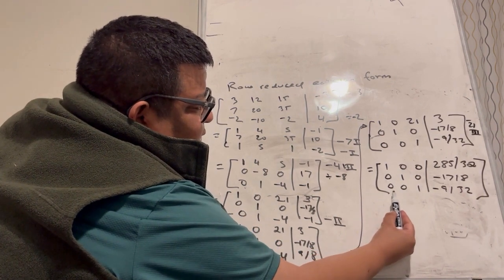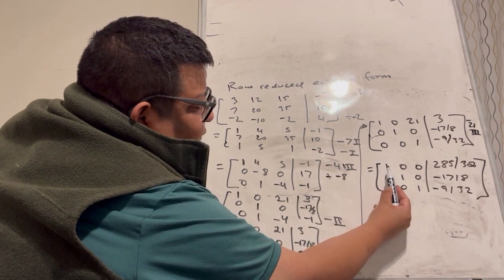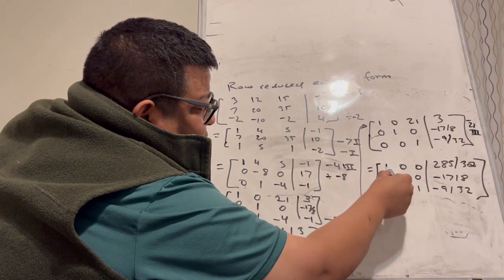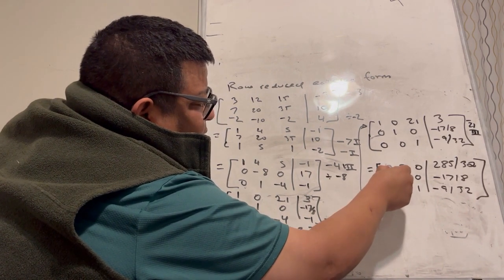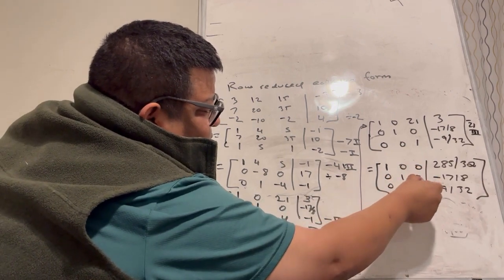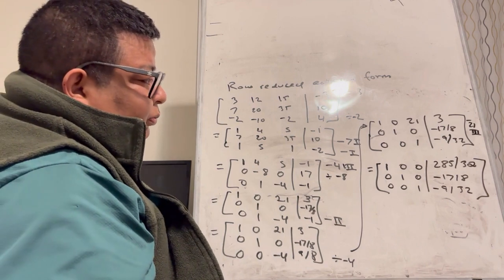So here 0, 0, and then here they start with 1, there's nothing to the left, and then for each column there's only one 1, and the rest has to be 0. So here 0, 0, 0, and 1. That's row reduced echelon form.